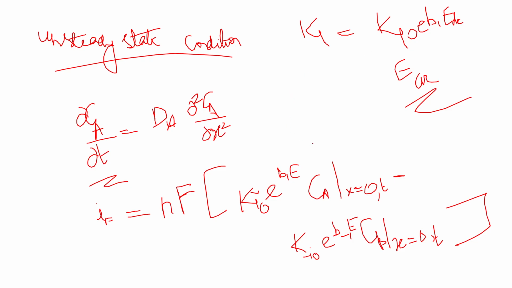E means EDC plus EAC, both. I just wrote it like that, I didn't want to be specific. We used to write K10 e raised to B1 into E, where E is EDC plus EAC. Same thing applies here: IFDC plus IFAC.